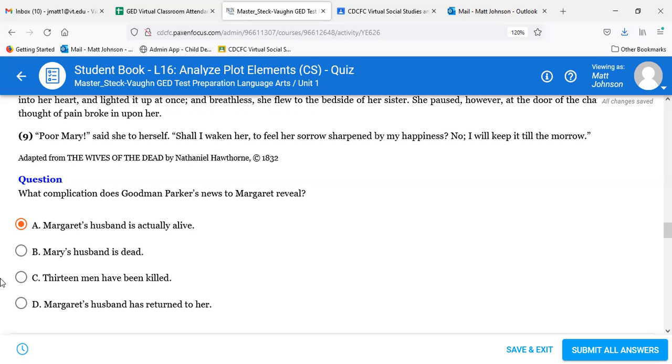So when she hears that her husband's alive, that's a new twist. That's a new complication in their story. And then it's going to be worsened by the fact that how is she going to explain that to Mary? Now Mary has still lost her husband, but mine is going to be back. So A for number 3.